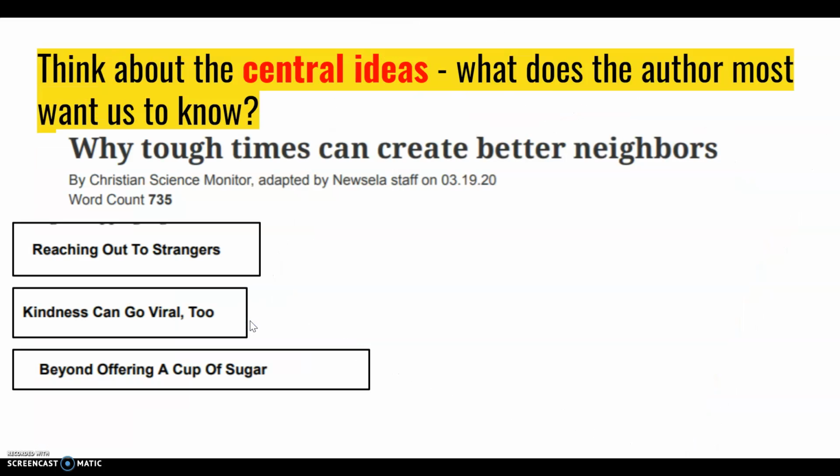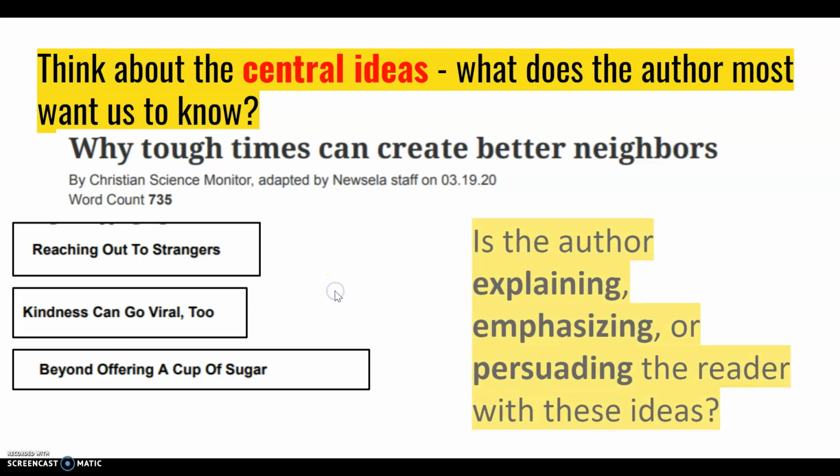The next thing that we need to do is think about the central ideas and think, what does the author most want us to know? So I'm going to go back and look at the subtitles. The subheadings stated reaching out to strangers, kindness can go viral too, and beyond offering a cup of sugar. And so I have to think, is the author explaining, emphasizing, or persuading the reader with these ideas?